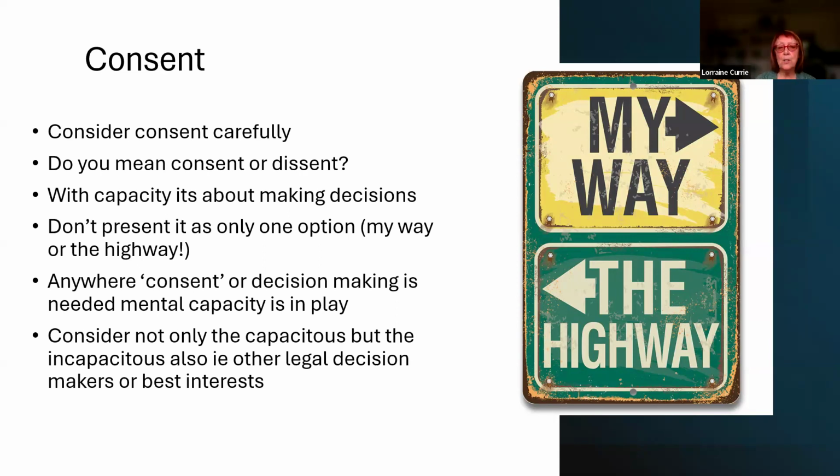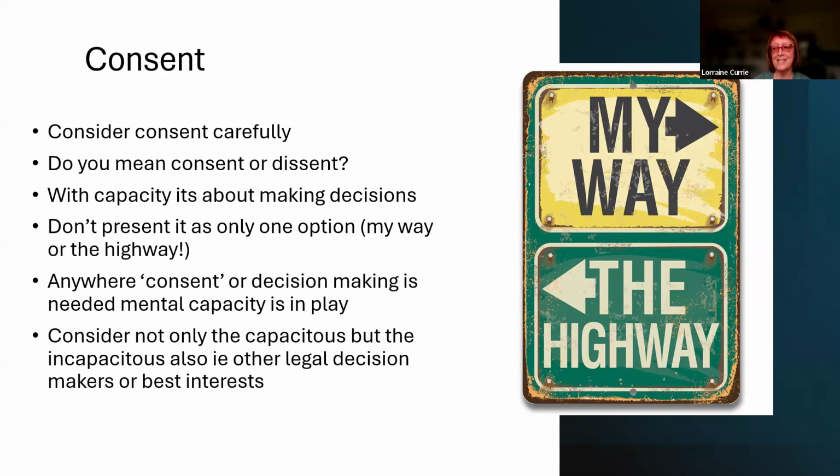I don't think you can talk about consent without talking about dissent. If you only talk about consent, then that sounds like the only option is to agree. In other words, it's my way or the highway. If you talk about consent to treatment, consent to X, Y, or Z, then it doesn't appear to leave an opening for the person with capacity who actually doesn't consent. So there are 2 sides of the consent question.